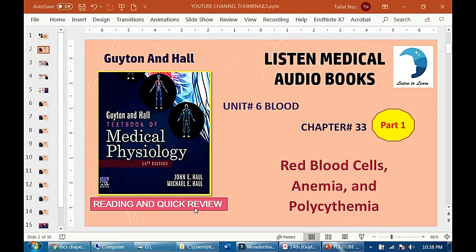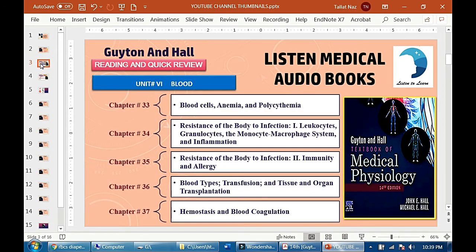But before that, I would like to introduce unit 6, which is blood, and the blood module consisting of 5 chapters: chapter 33, chapter 34, chapter 35, chapter 36 and chapter 37. Chapter 33 consists of blood cells, anemia and polycythemia.